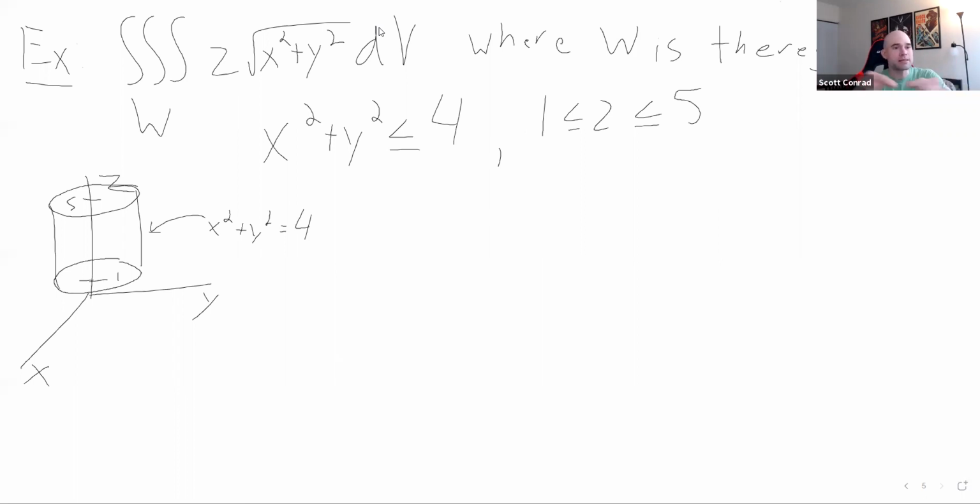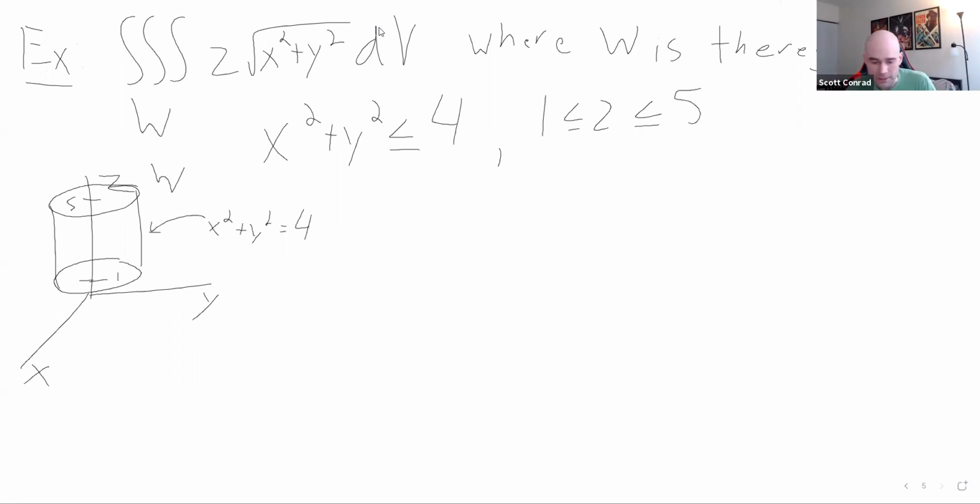As that number shrinks, because we're doing x squared plus y squared less than or equal to 4, your radius shrinks and you're shrinking into the positive z axis. So we're looking at everything inside of that cylinder: x squared plus y squared less than or equal to 4 means everything inside of the cylinder x squared plus y squared equals 4.